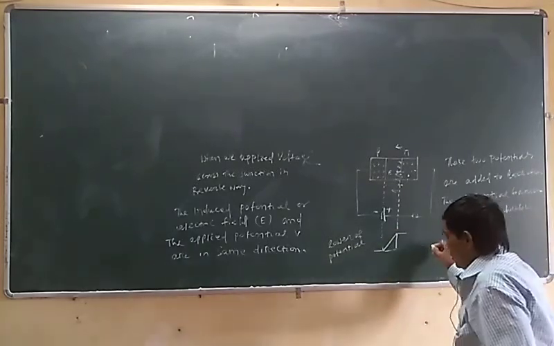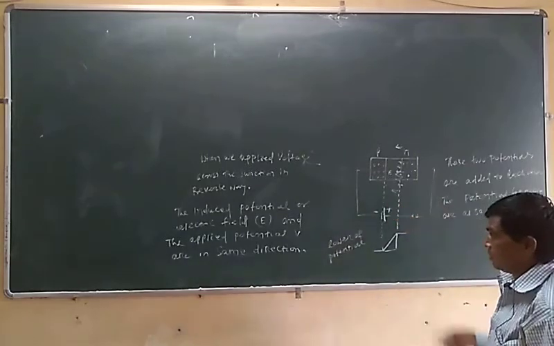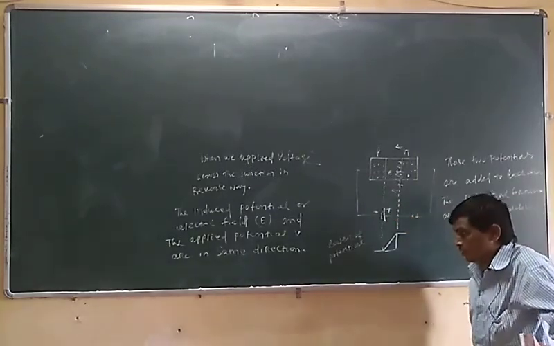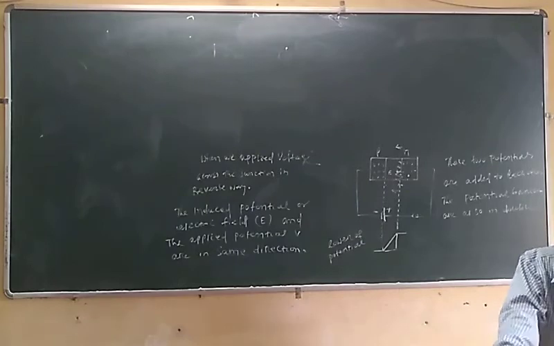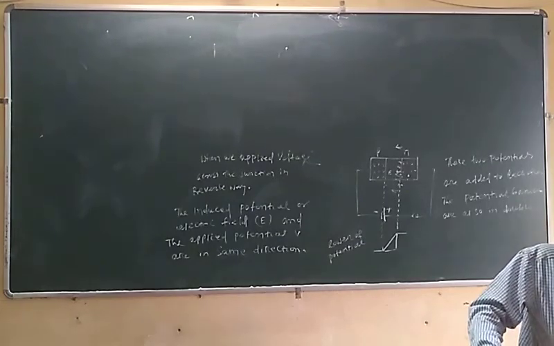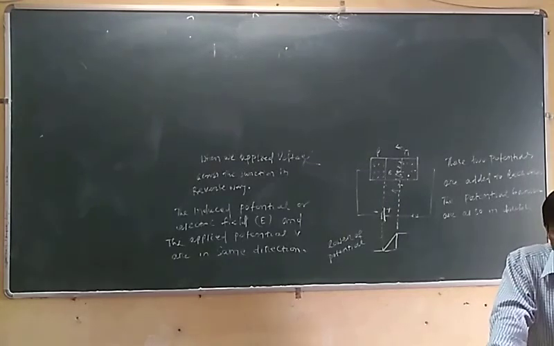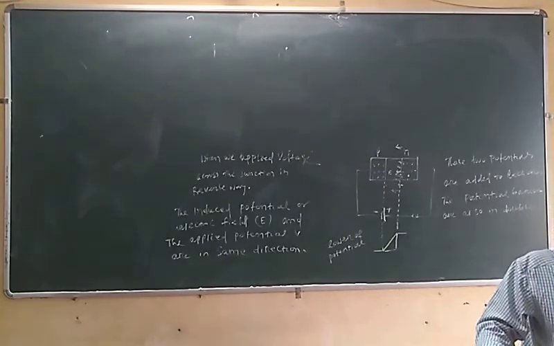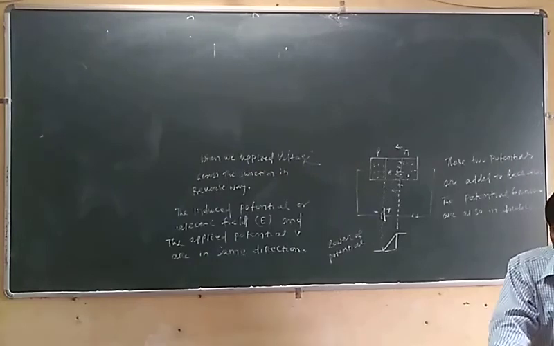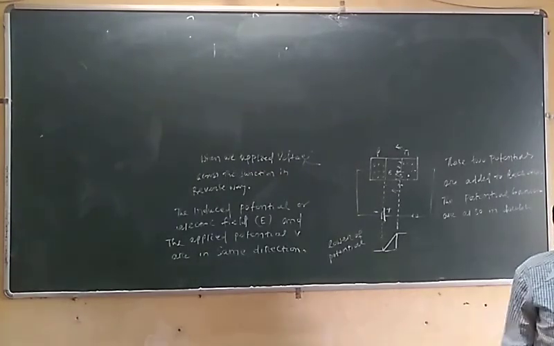So in this way, in reverse condition, the PN junction diode does not allow the charge particles from one side to another side. So it behaves like an insulator in a reverse condition.